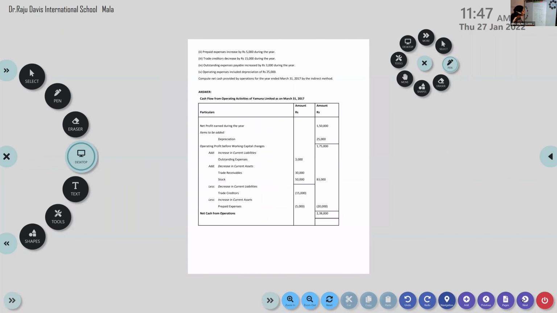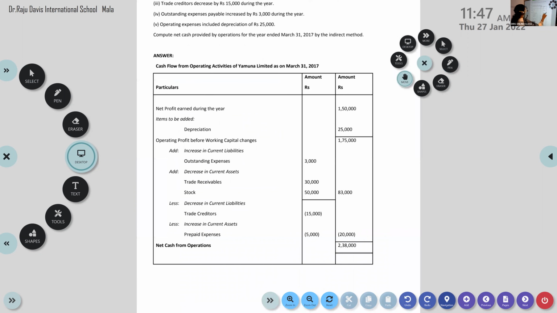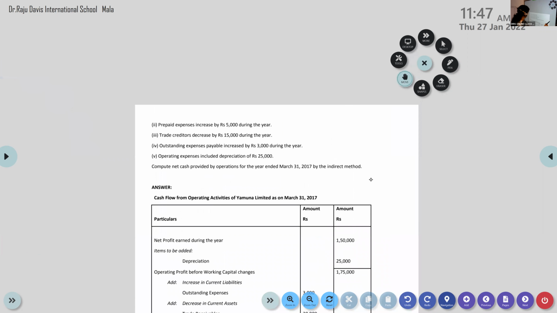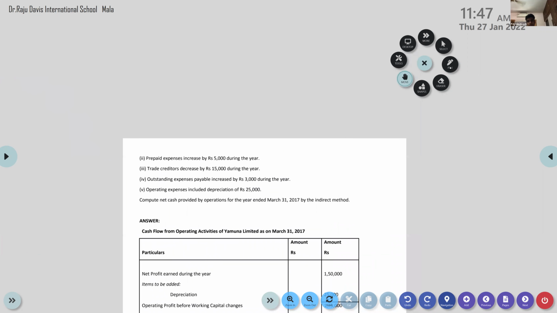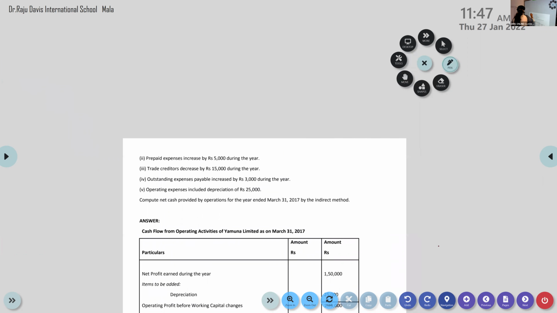Then prepaid expense. What is the nature of prepaid expense? Is it an asset or liability? It is an asset. Prepaid expense is an asset.